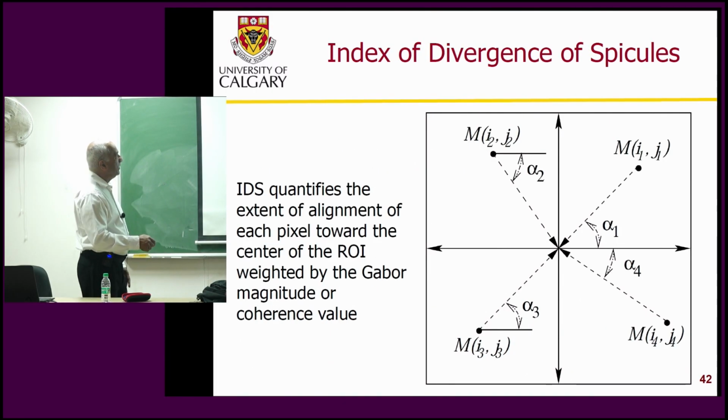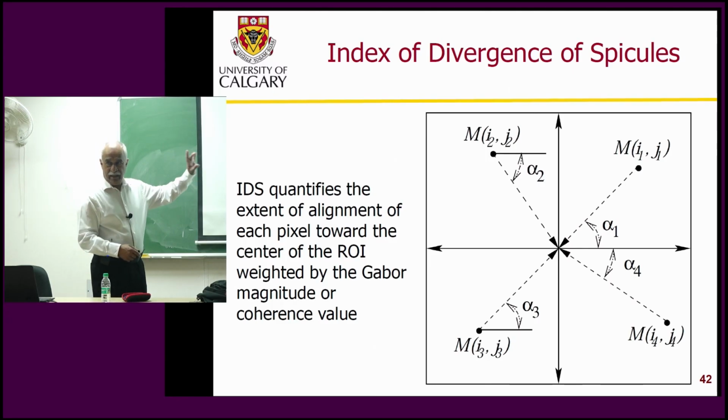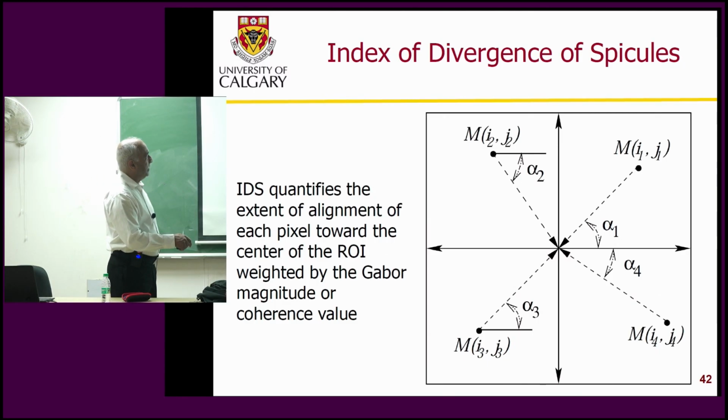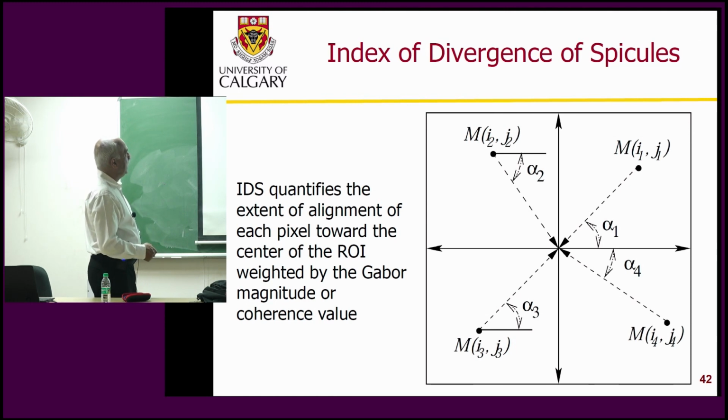So if you take one of these square regions marked on the image as suspicious regions, and there are spicules, this is the center of the window. If there are spicules, they're expected to be like that. So you find the angle using polar coordinates, alpha 1 and so on.